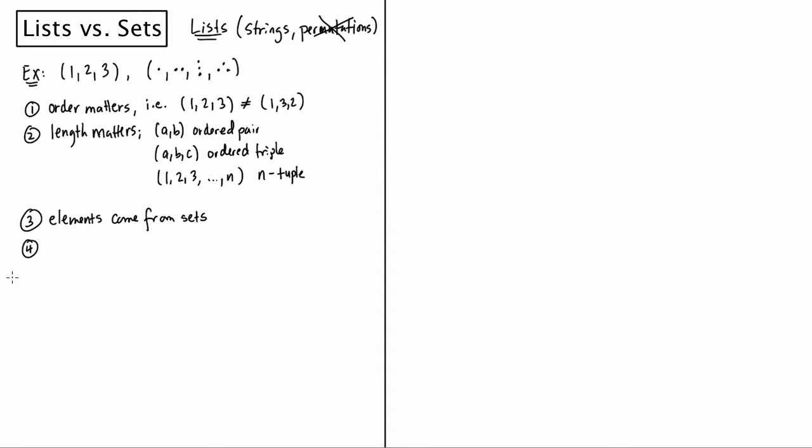The fourth thing I want to talk about is how you figure out the number of ways to create a list.